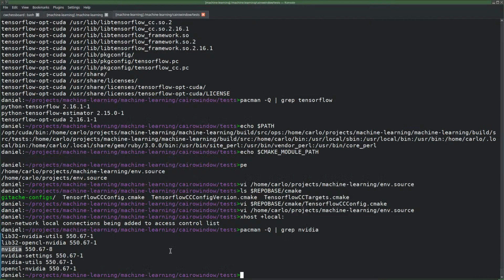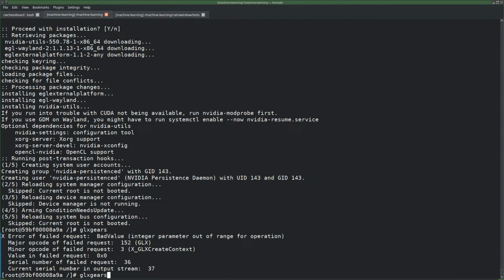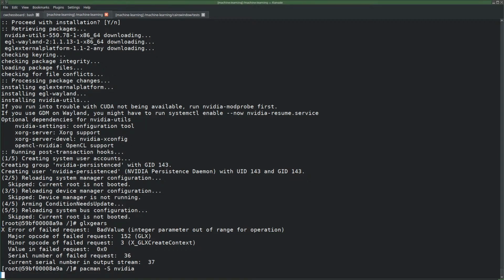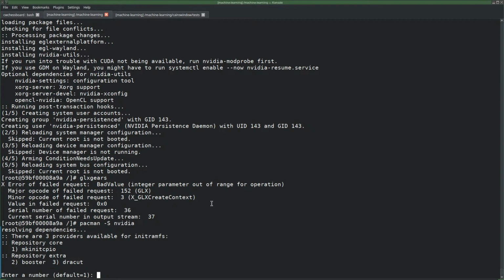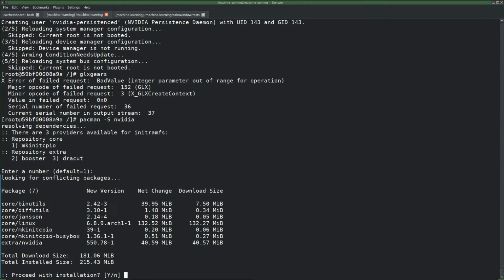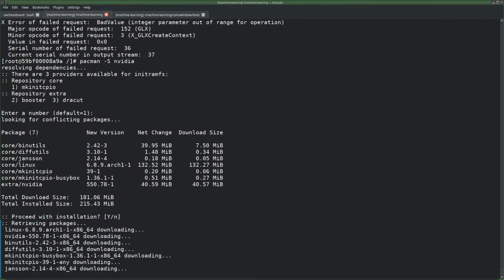Was that already installed? I don't think so. There are 3 providers available for init RAM FS. Excuse me, I don't need an init RAM FS. My God.